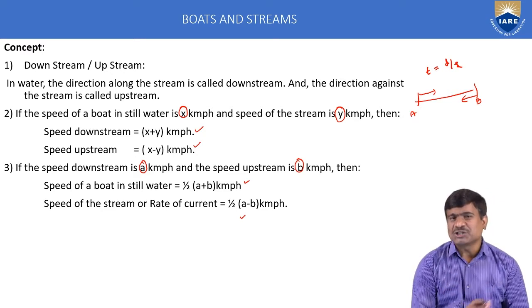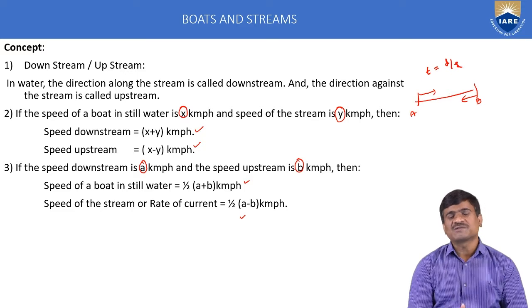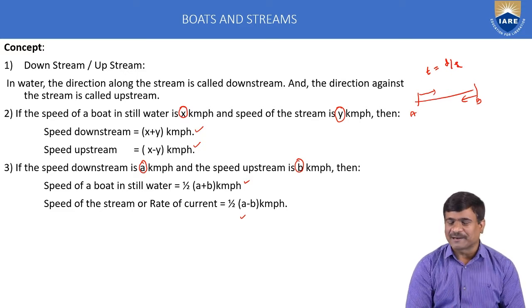If you know the relation between these four terms perfectly, then this topic is completed. The first term is downstream, second upstream, third boat, fourth stream: the relation between a, b, x, y.